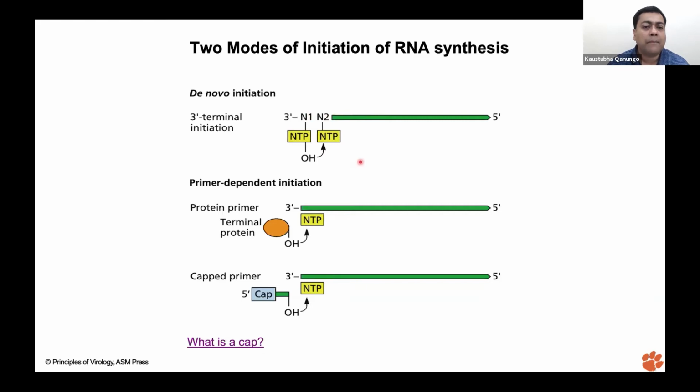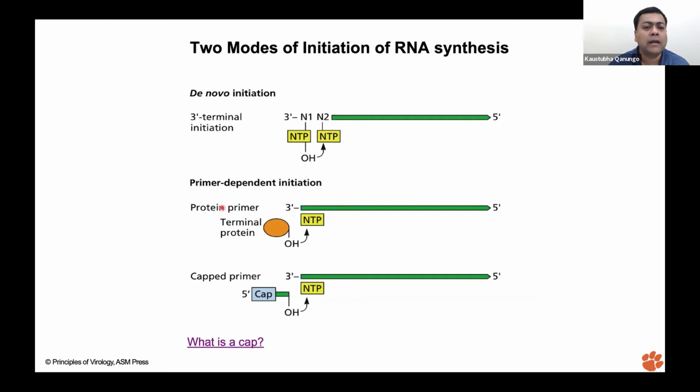So what happens is that a complementary NTP directly binds to the first base right here, and then the second base is attached to this first one, and the chain grows on. So there is no primer needed; just directly the first base is added to the complementary base. So this is your de novo 3' terminal initiation.